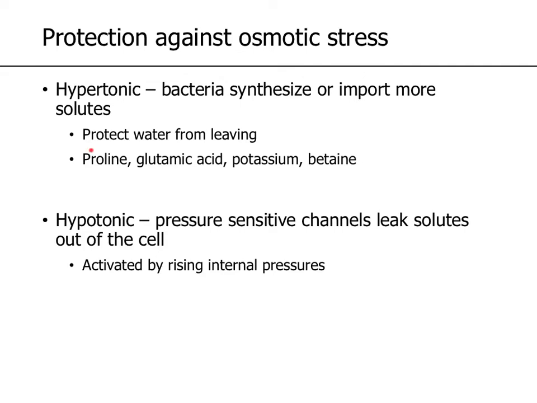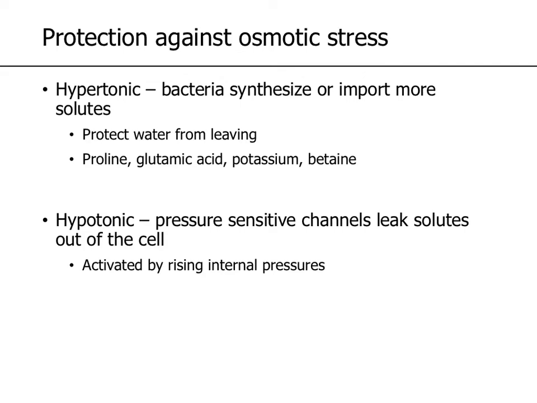So it wants to protect water from leaving so that it doesn't shrink up like we saw in that picture. Things like proline, glutamic acid, potassium, and betaine are all what we consider compatible solutes. And so it can start generating these things or importing more of them, using membrane proteins to let more of these things in. And so that way it doesn't have to lose the water.